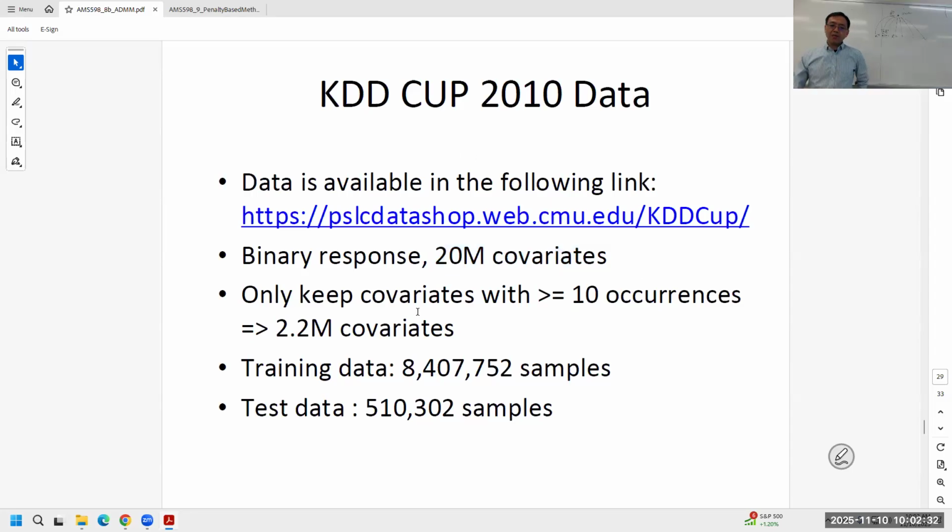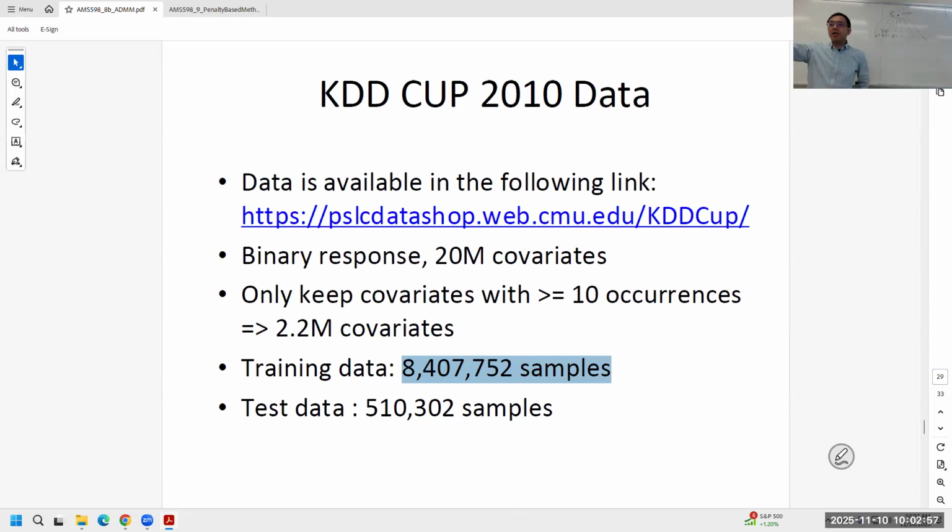If you only keep the covariates with more than 10 occurrences, it can reduce to about 2.2 million covariates. But 2.2 million columns is still a very large number, right? The training sample contains about 8.4 million samples. The test data contains about 500,000 samples.